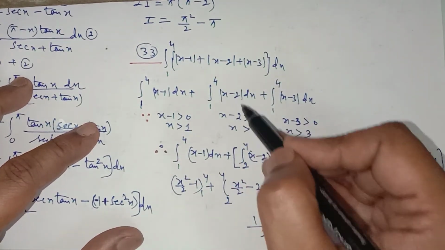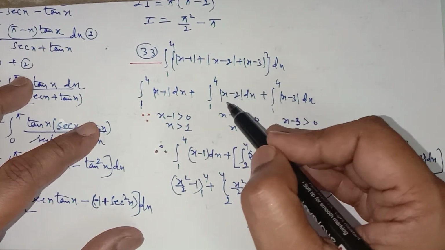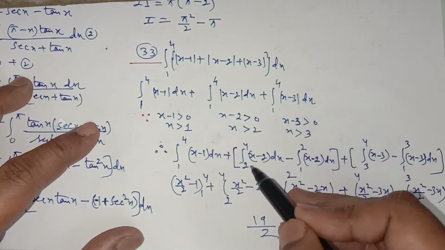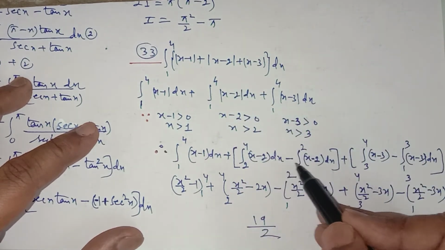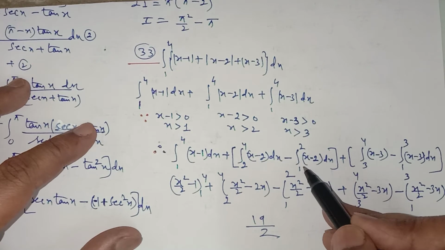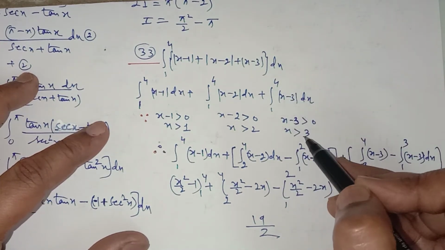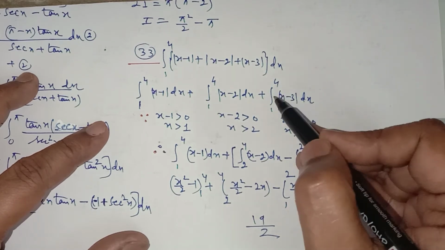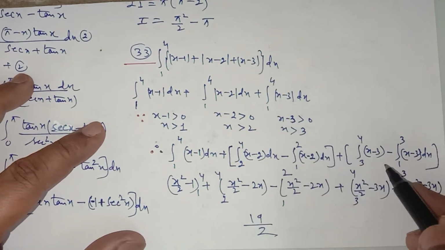Now x minus 2 is greater than 0, it is positive for x greater than 2. So from 2 to 4 it is positive, and from 1 to 2 it will be negative. And this we have done in the last exercise very well. Similarly, x minus 3 is greater than 0, it is positive when x is greater than 3. From 3 to 4 it is positive, and from 1 to 3 it is negative.